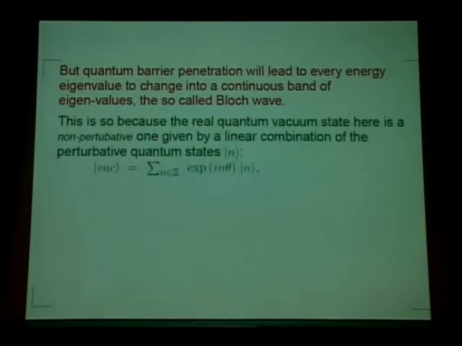This is so because the real quantum vacuum state here is a non-perturbative one, given by a linear combination of the perturbative vacuum states n with the weight exponential i n theta. And this theta is exactly the coefficient of the total divergence term, properly normalized, introduced earlier.